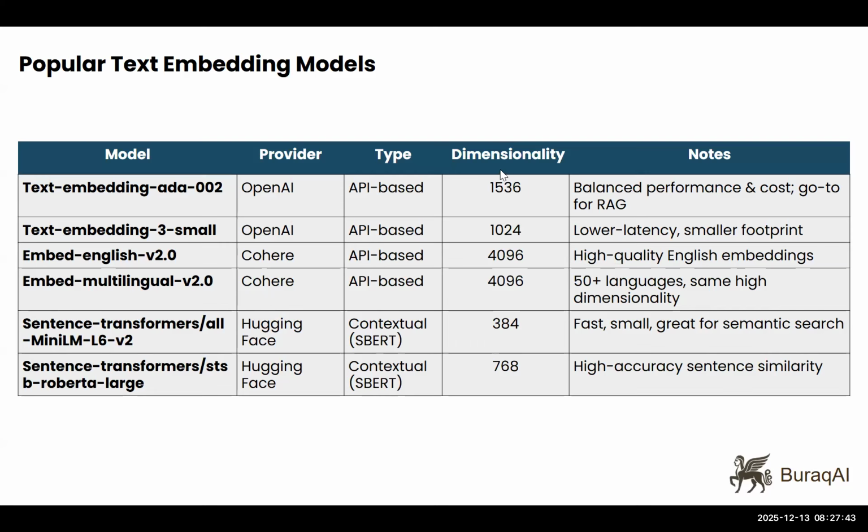This is the dimension that we are talking about. If we take embedding 3 small, you always get a dimension of 1024. So your output will always be a dense vector with 1024 elements. If you use 002, it's always 1536 elements.